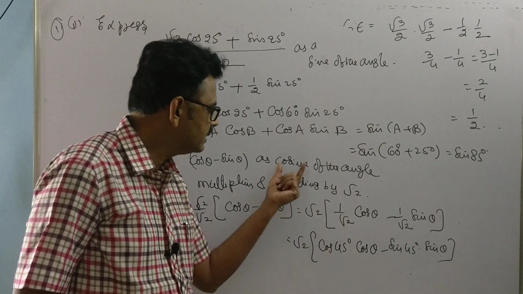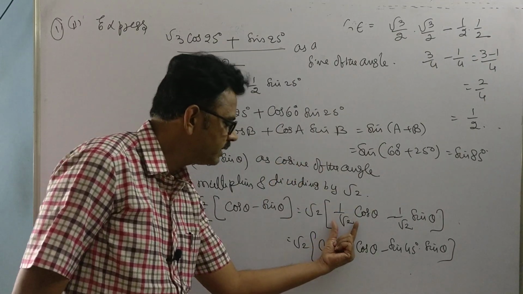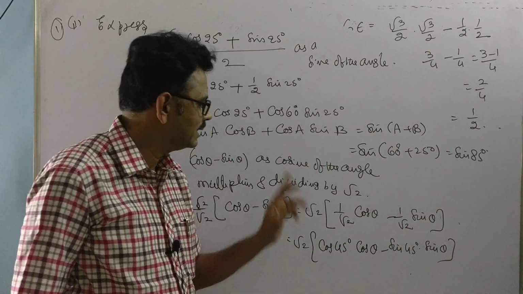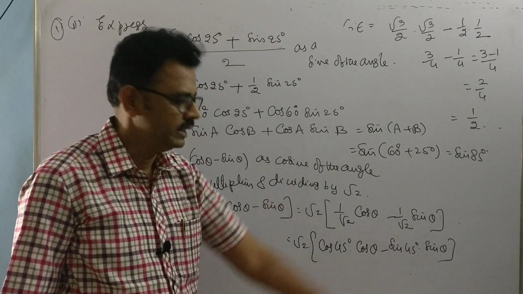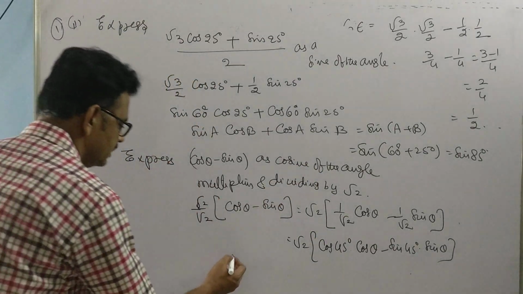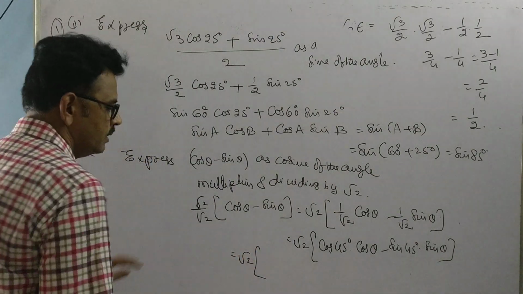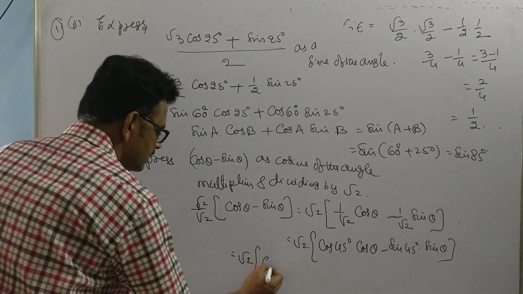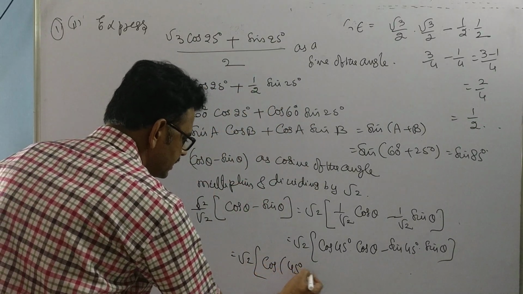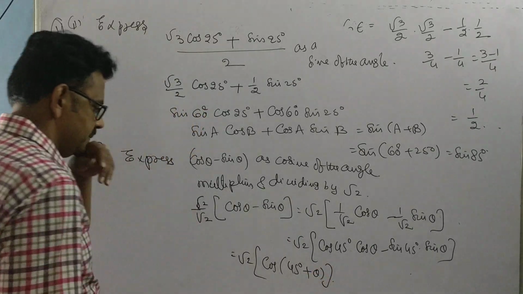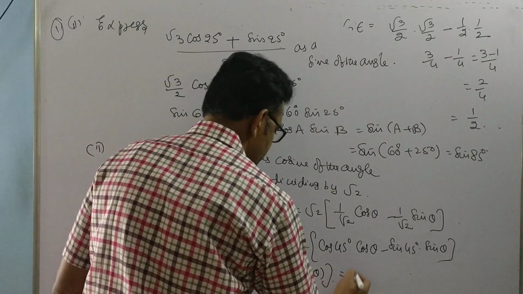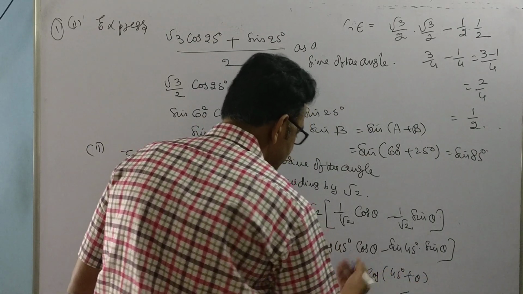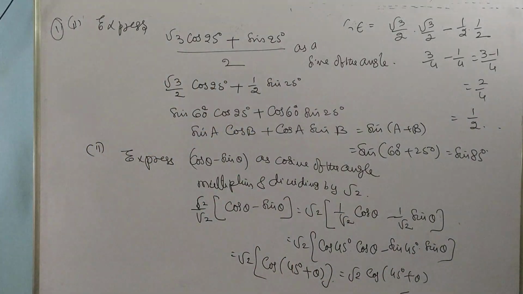Now the question is in terms of cos of the angle. So that is equal to root 2 into cos A cos B minus sin A sin B. So this is cos of A plus B, where A is 45 degrees and B is theta. That is equal to root 2 into cos of 45 degrees plus theta, in terms of cos of the angle.